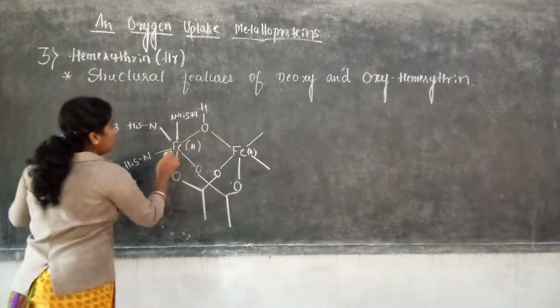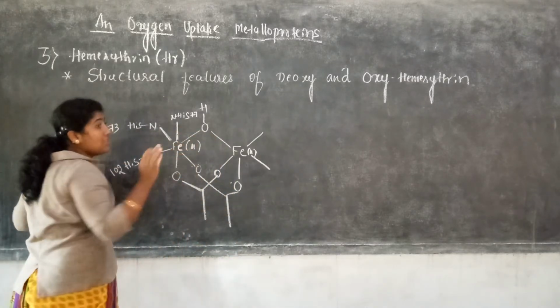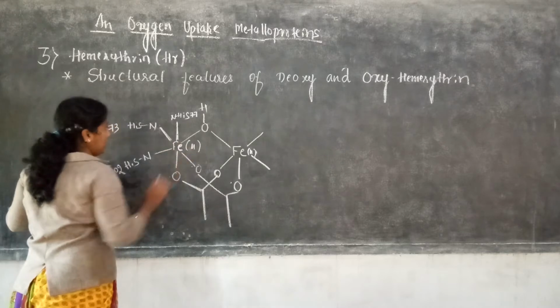So here the first iron center is a six-coordinate iron center.